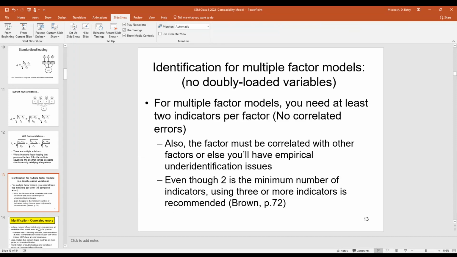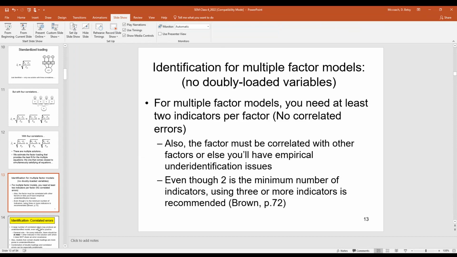What this means, by the way, is that if you try to run a model with 2 factors and 2 indicators per factor, and the correlation between the factors is actually 0, that model won't run. That'll be empirically under-identified.